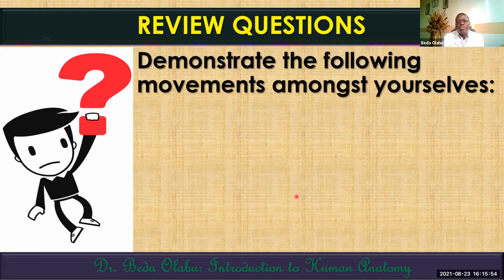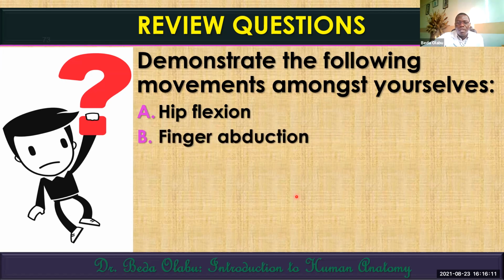So if you're in a setup where you're able to meet with your classmates to just discuss, then I would encourage you to also demonstrate the following movements amongst yourselves. How does the hip flex? How do the fingers abduct?